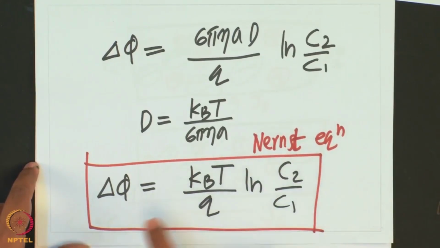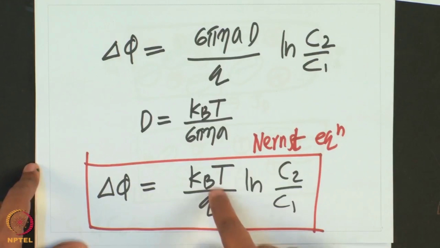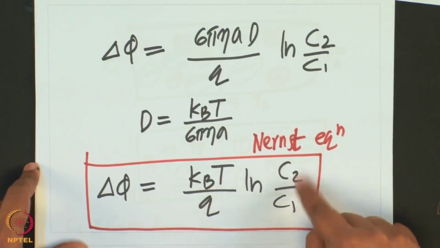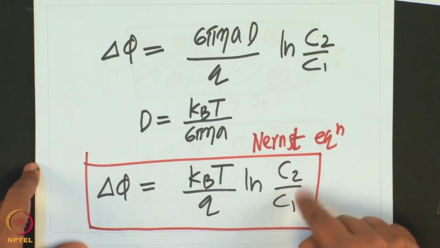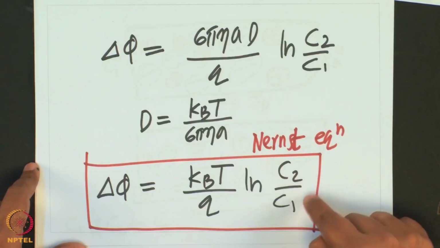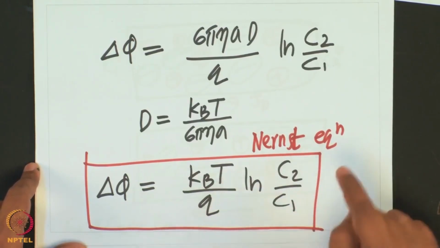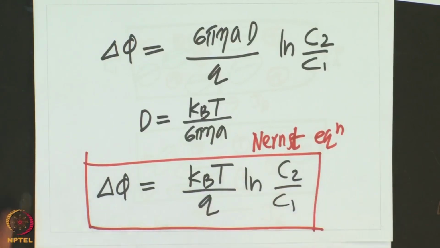This potential difference is given by the final concentrations C2 and C1, the equilibrium concentrations at which the flows balance, and of course the charge, the temperature, and kB, the Boltzmann constant.